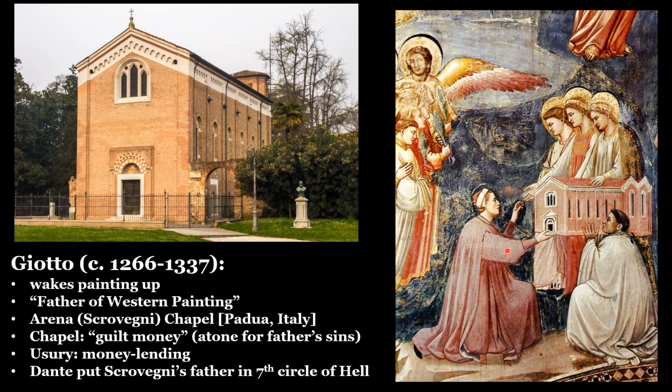Dante actually puts this man's father by name in the 7th circle of hell for his sin of usury. And so the son takes some of that money and pays for this chapel. And Giotto here has painted that part of the story where Scrovegni is presenting the chapel to God, as it were.